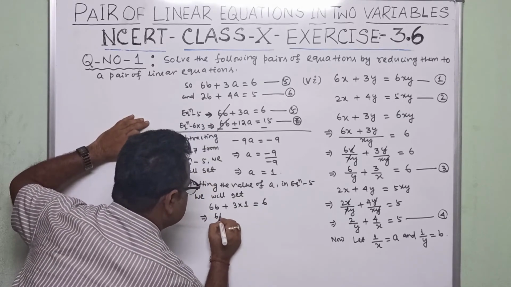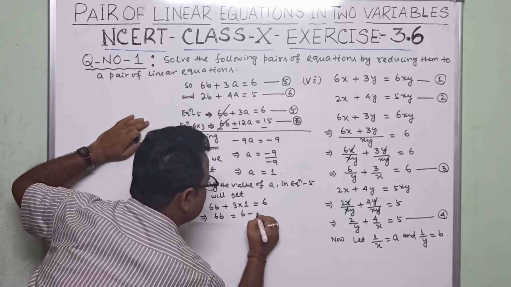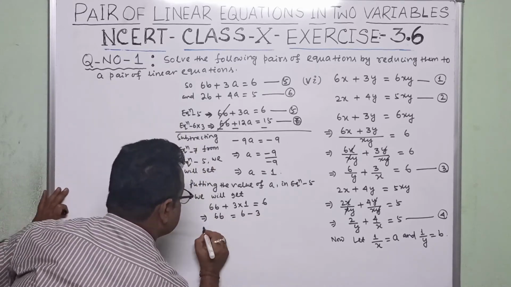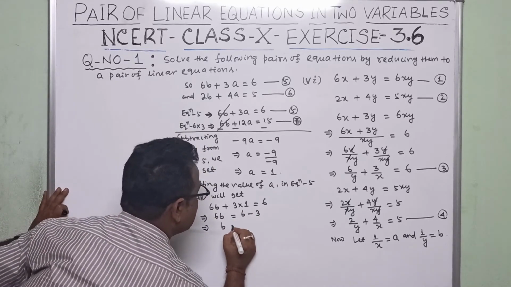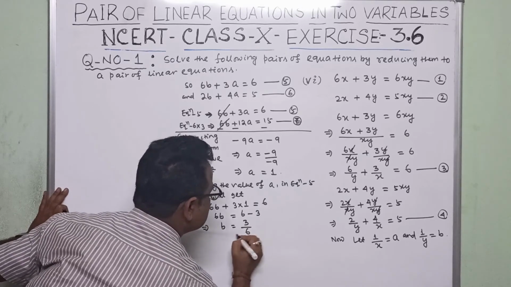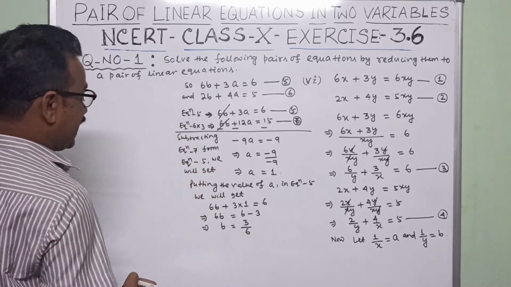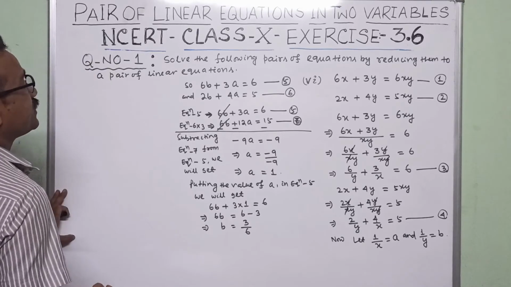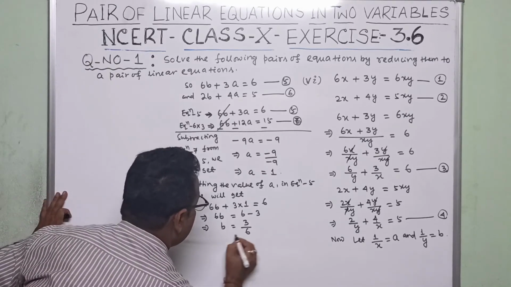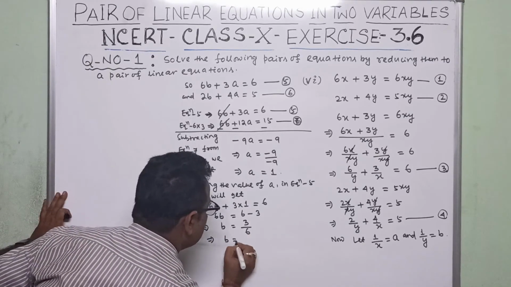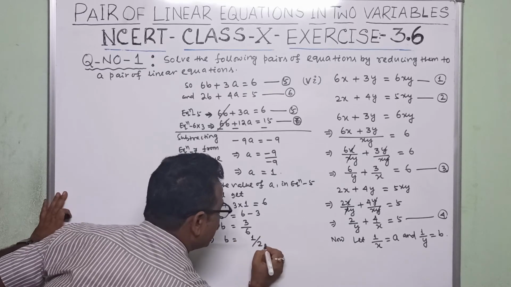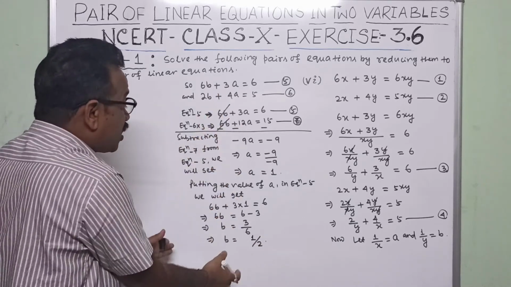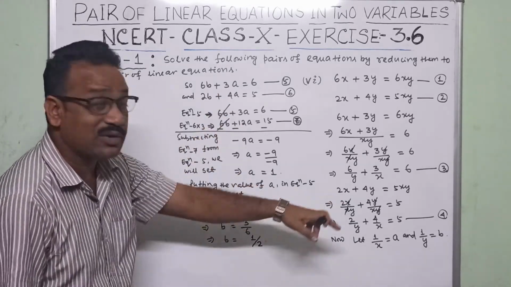That implies 6b is equal to 6 minus 3. That implies b is equal to 3 by 6. Now that implies b is equal to 1 by 2. But these are not our required solution. We have to find out x and y.